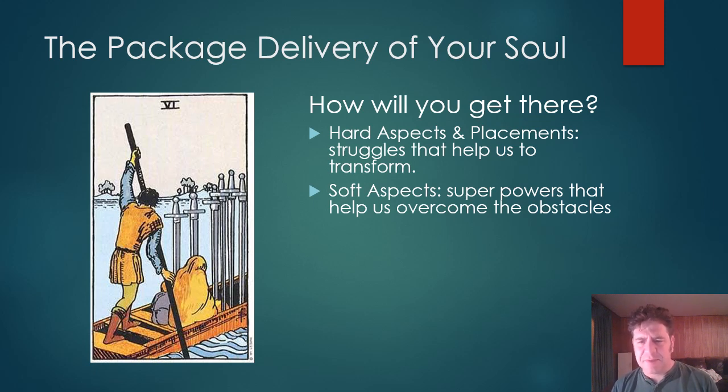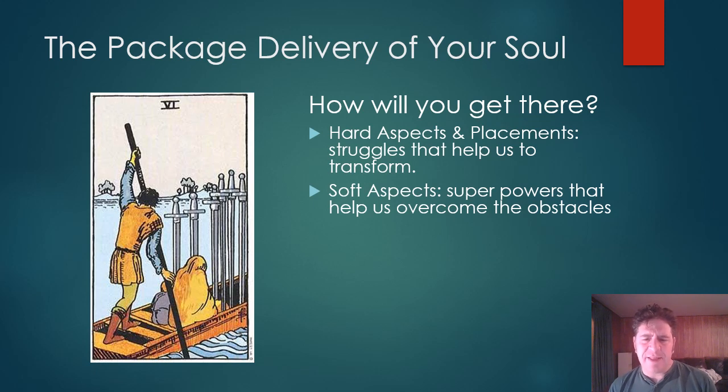Also in conjuncts. We want to look at hard planet placements, like the sign in which they're in, their fall or their detriment, to see the difficulties in the chart, but not dwelling on those, seeing them as necessary challenges that help us to grow and transform.